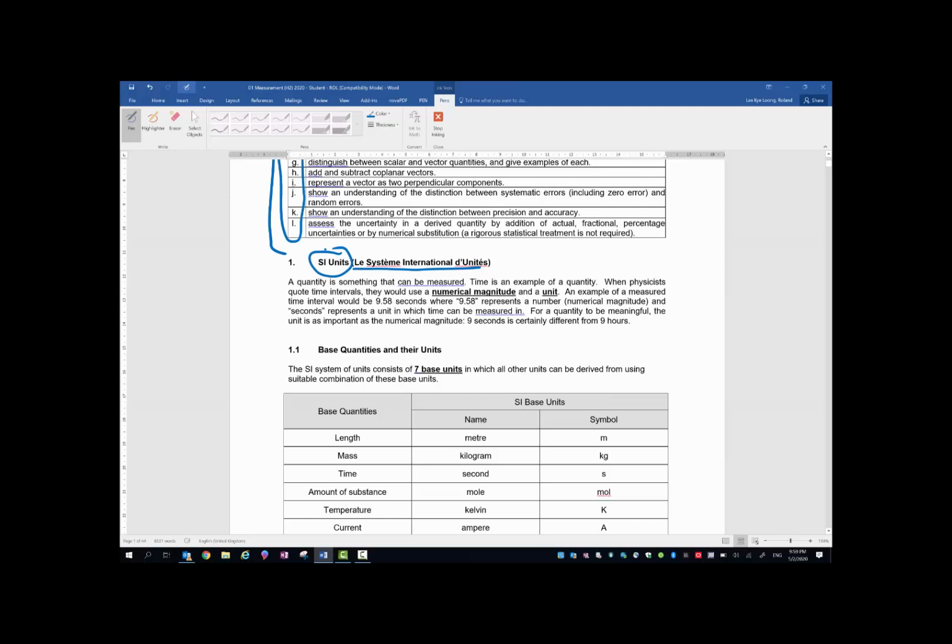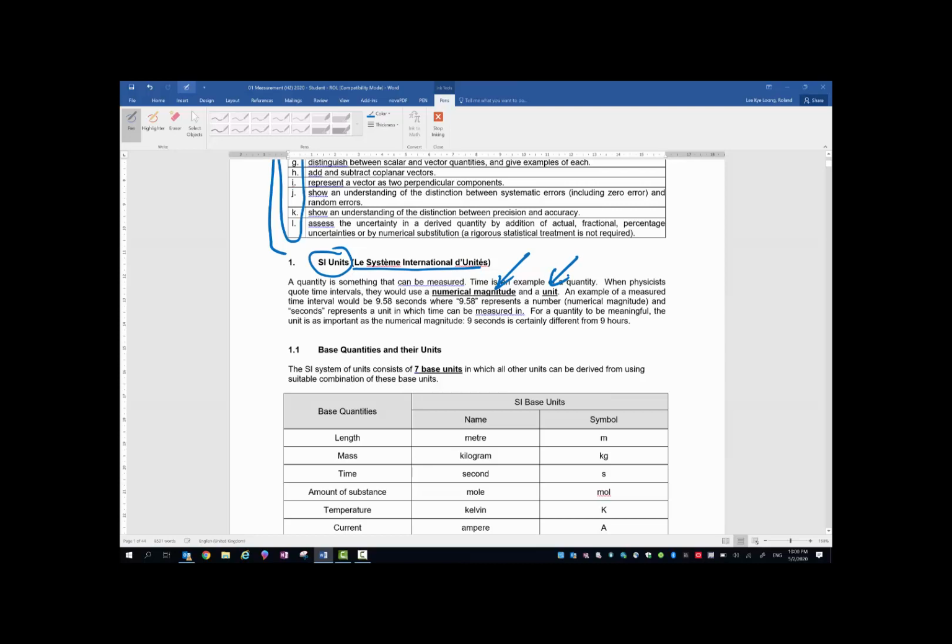Now, a quantity is something that can be measured. Of course, you should know that in physics, in science, measurement is very important. You measure and you acquire data and you form conclusions based on the data. Each measurement should have both the magnitude and the unit.